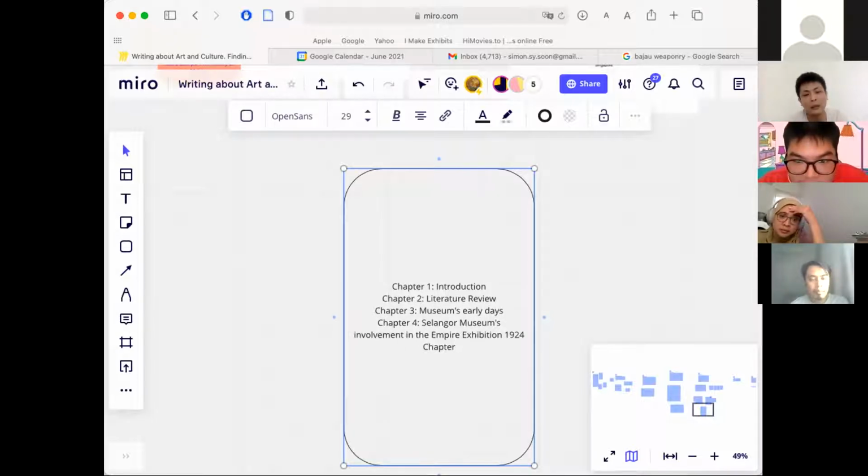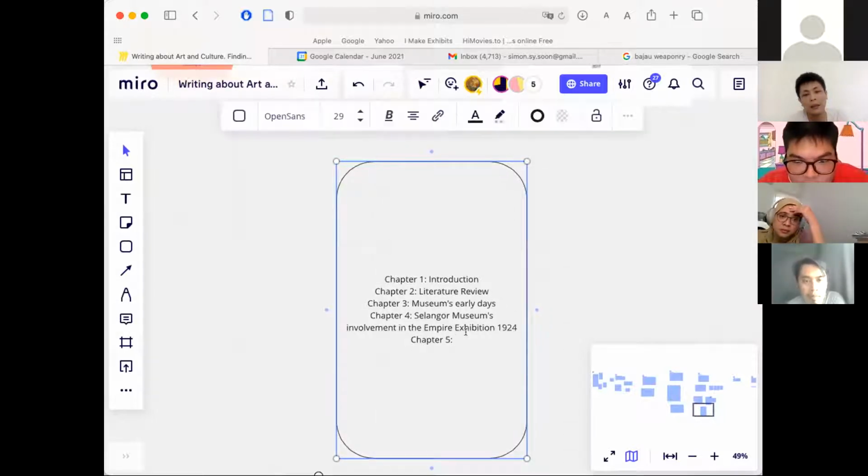And then chapter 5 is more about the museum's visitors, like a visitor study of the museum. So it's more like the community's memory.